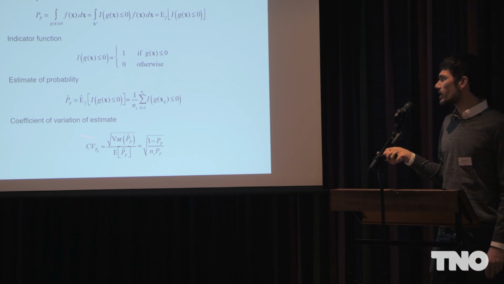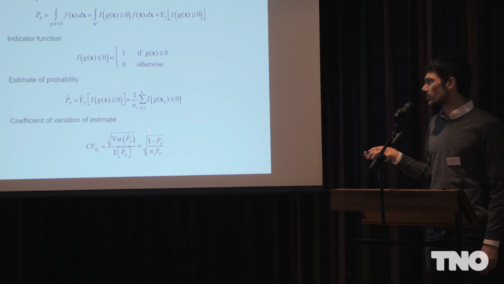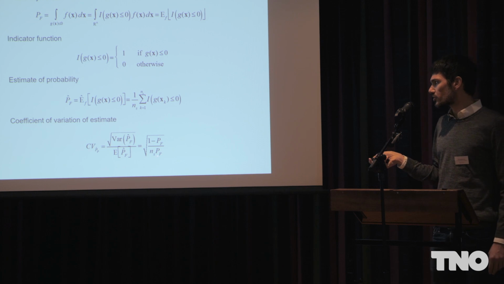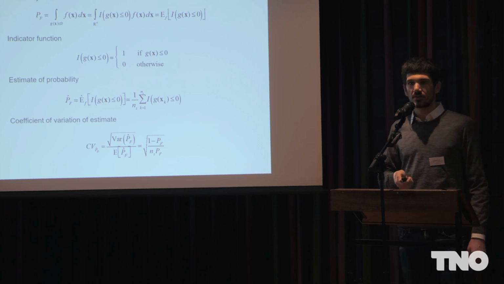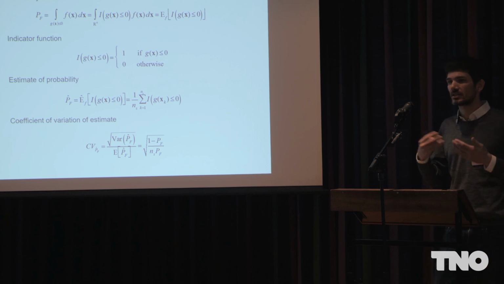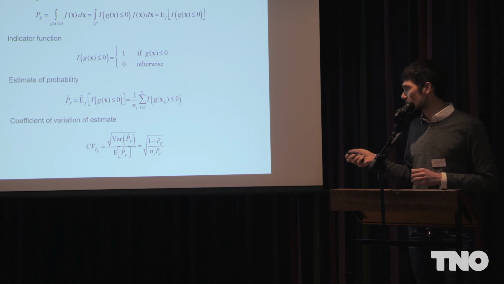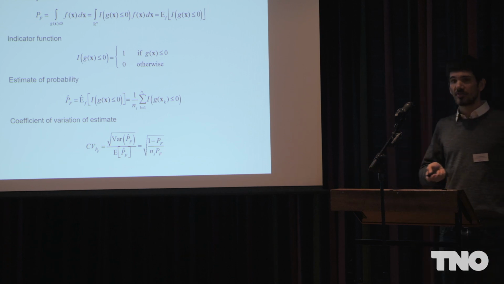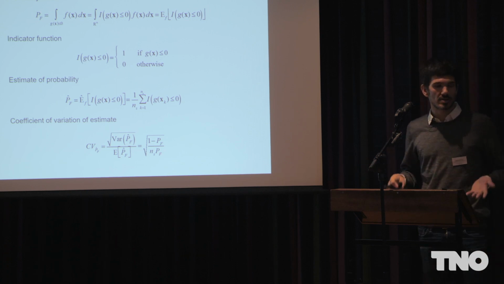One can evaluate the coefficient of variation of the estimate, and you see that this coefficient of variation is inversely proportional, of course, to the number of samples, but also to the failure probability. This means that in order to keep this coefficient of variation low, for very small failure probabilities, we need to use a very large number of samples.